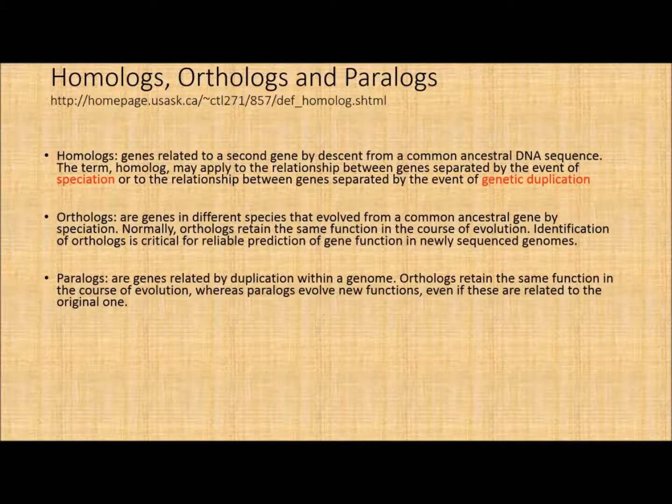The function has necessarily diverged, but they belong to the same species. So ortholog, different species; paralog, same species. You can also think of a paralog as being generated by, for example, genetic duplication. Within the same chromosome, you have something different, which translates into a different function, but the species is the same.